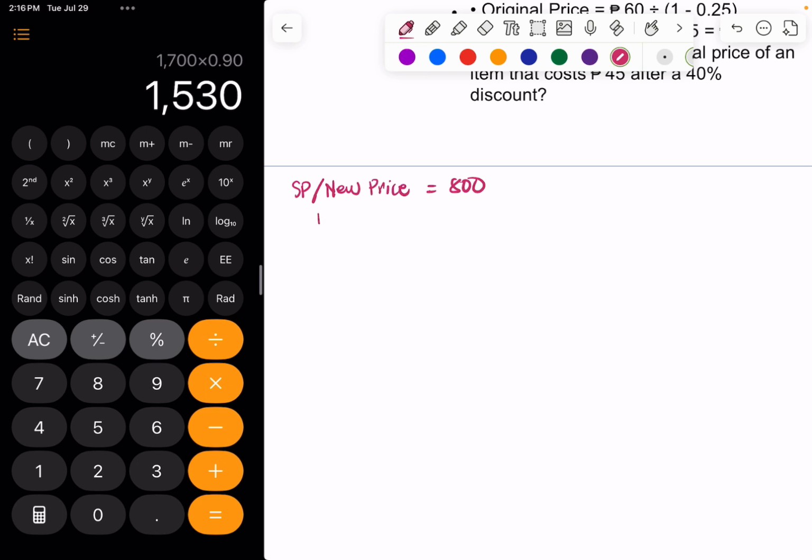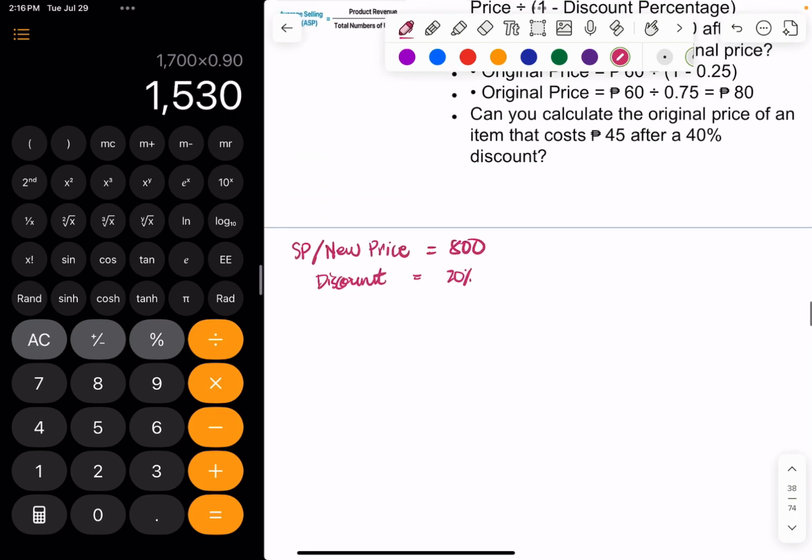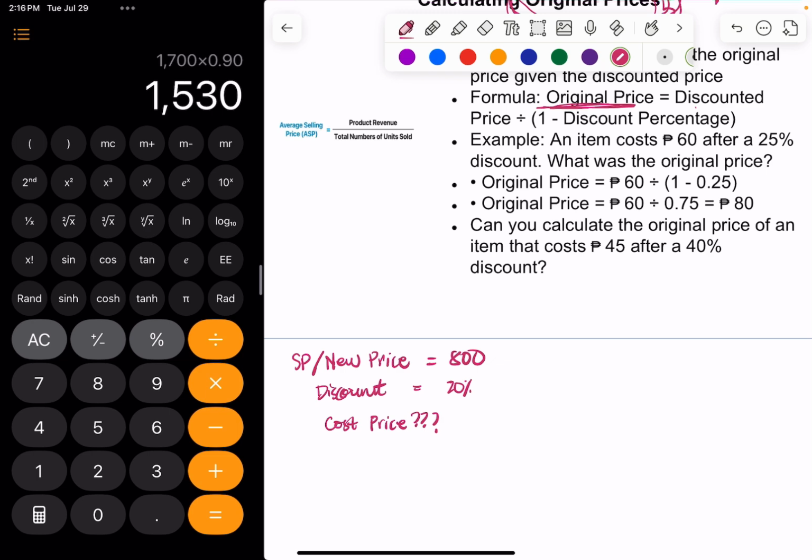Then you know that the discount is 20%. Now the question is, what is the cost price?